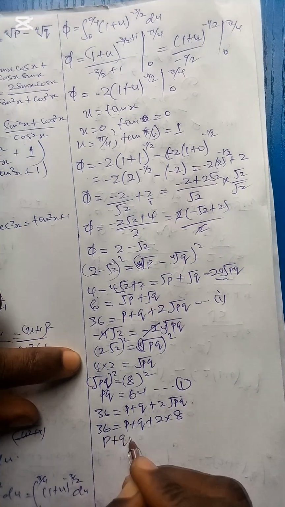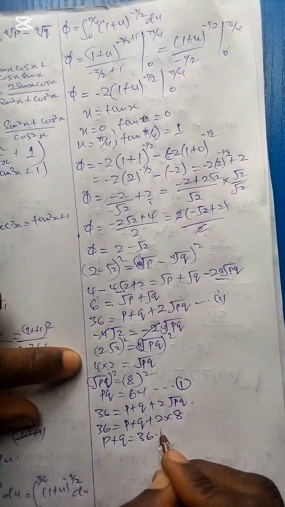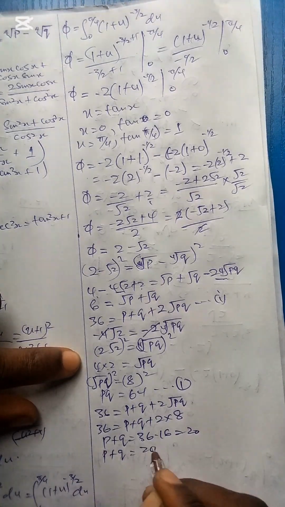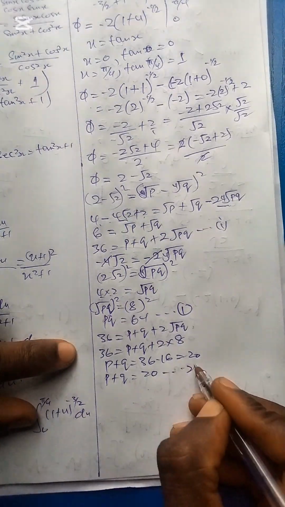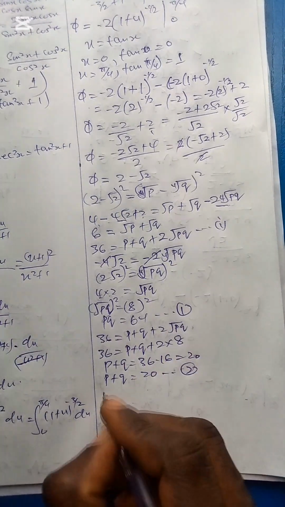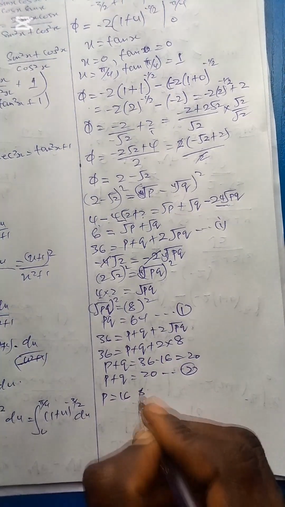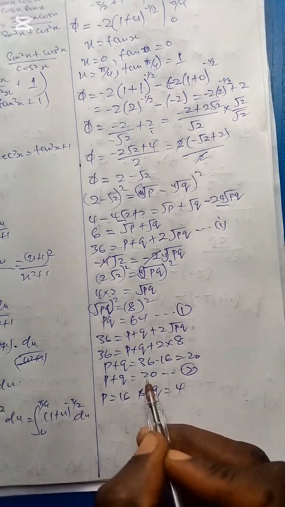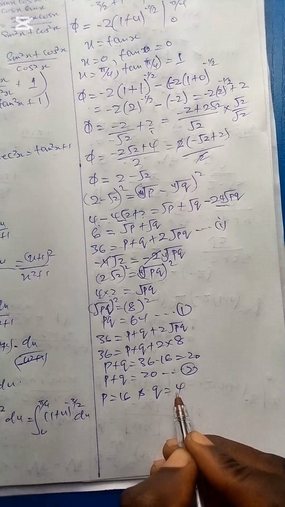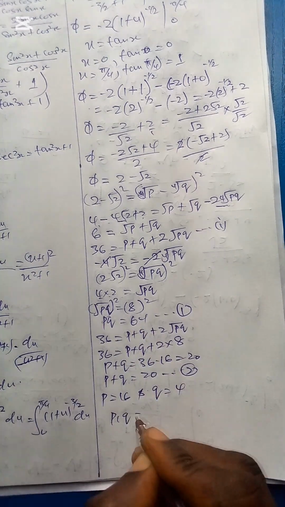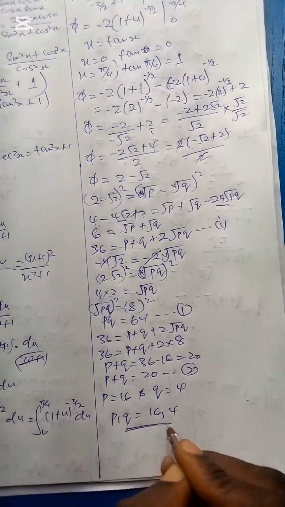So p plus q is equal to 36 minus 16, which is 20. So p plus q is equal to 20. We now have our equation 2. Now, solving 1 and 2 simultaneously, we'll get that p is equal to 16 and q is equal to 4. Because 16 plus 4 will give us 20, and 16 times 4 will give us 64. Therefore, p, q is equal to 16, 4.